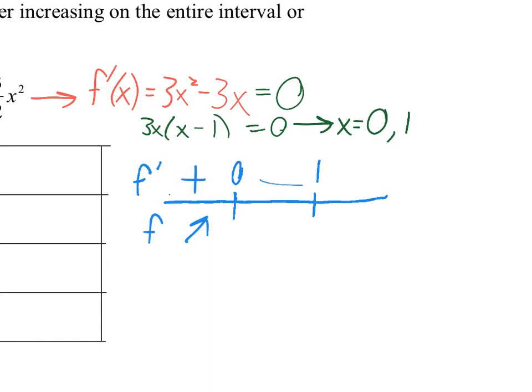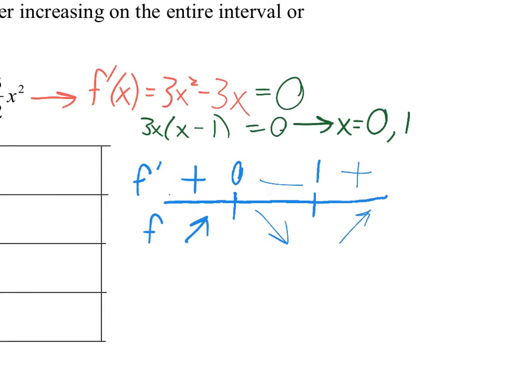So I know that this is decreasing. And then if I plug in something bigger than 1, I have 3 times a positive, say 2, so that's positive, and then 2 minus 1 is positive as well. So this is back to positive.